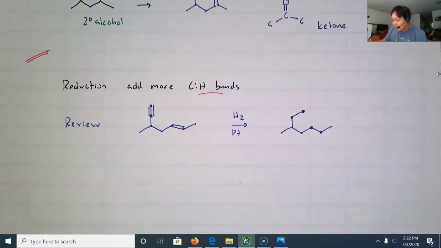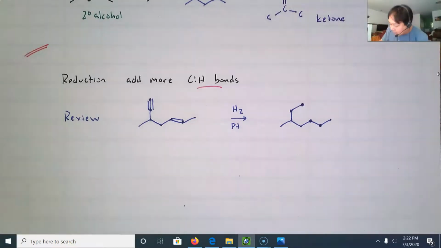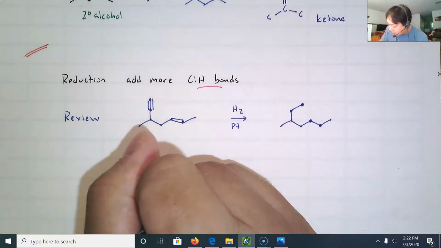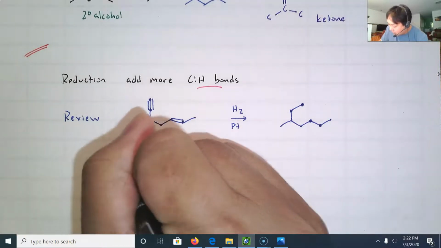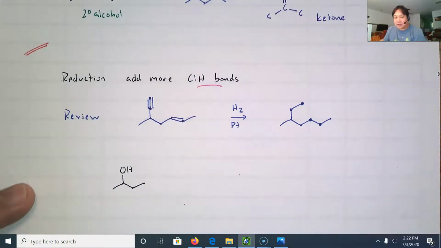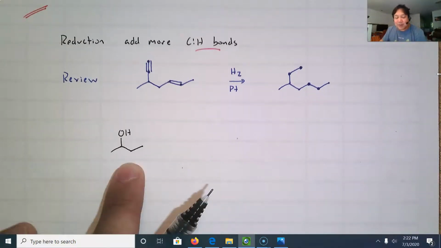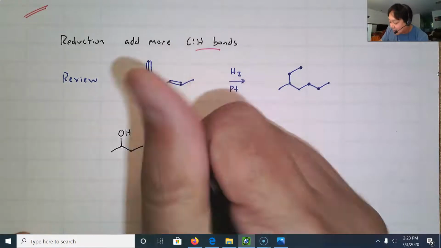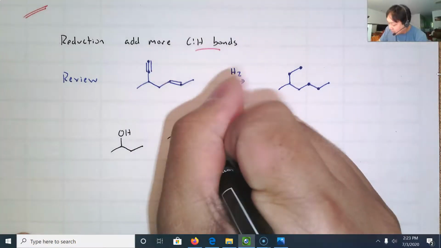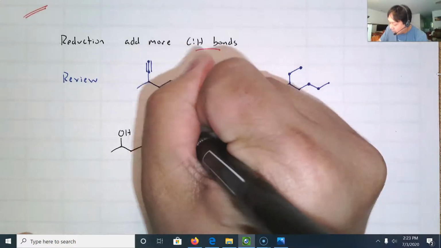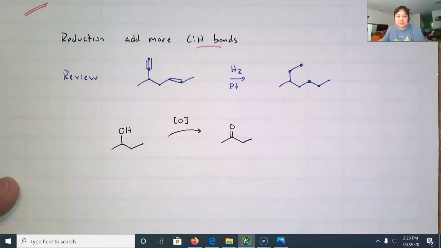But before we look at that, let me just orient everyone again as to what we're planning to do. In reaction G, the first reaction that we looked at today, we were able to take a secondary alcohol and oxidize it to a ketone. And we could represent oxidation with O in brackets.